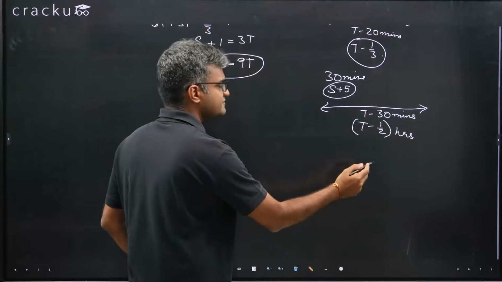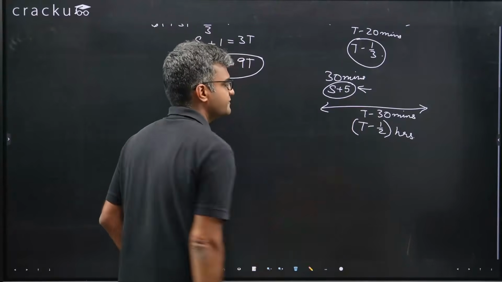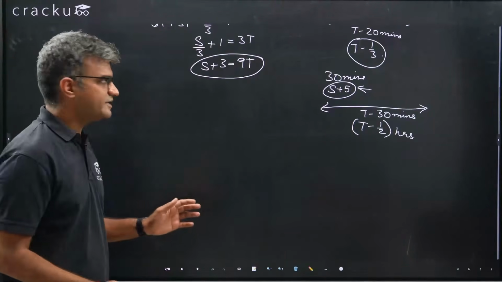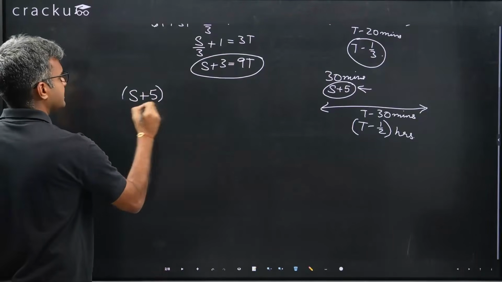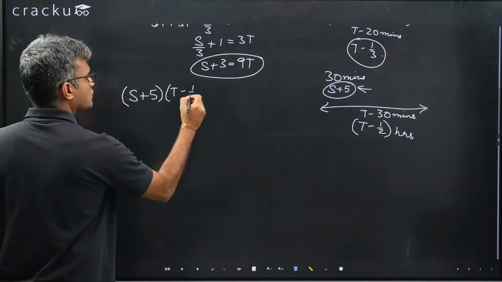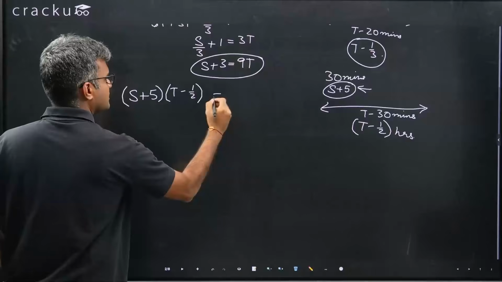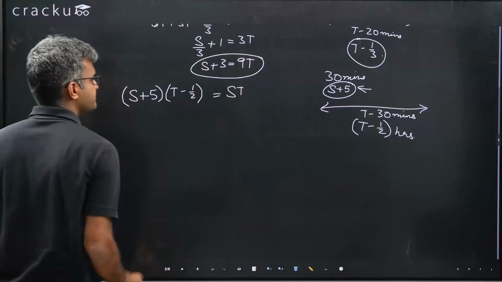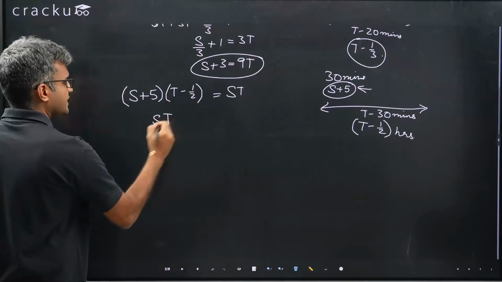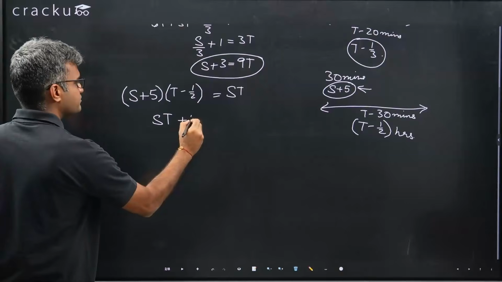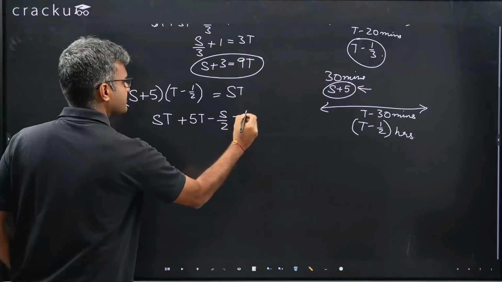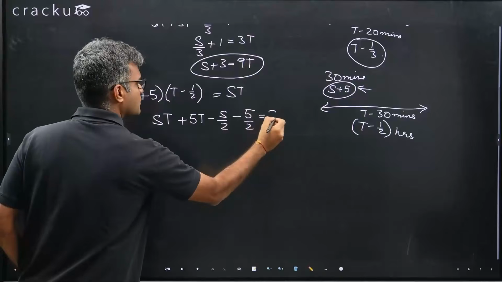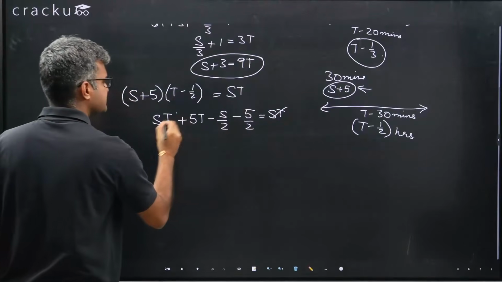So for T minus 1 by 2 hours, he traveled at S plus 5. So what is the distance that he covered? The distance he covered would be S plus 5 into T minus 1 by 2. This will equal the original distance, which is equal to ST. So again, if you expand the brackets, it is ST plus 5T minus S by 2 minus 5 by 2 is equal to ST. You can cancel these two.